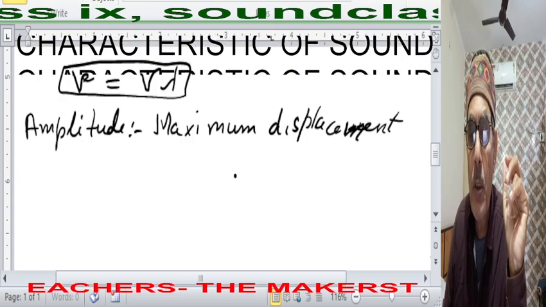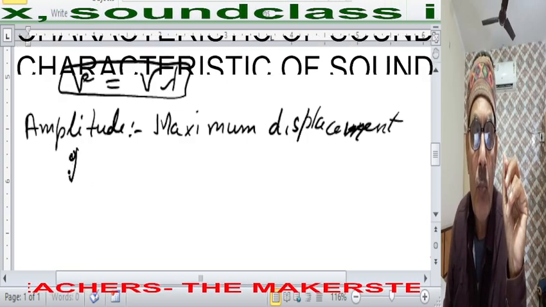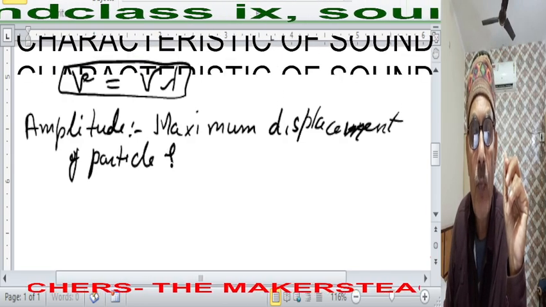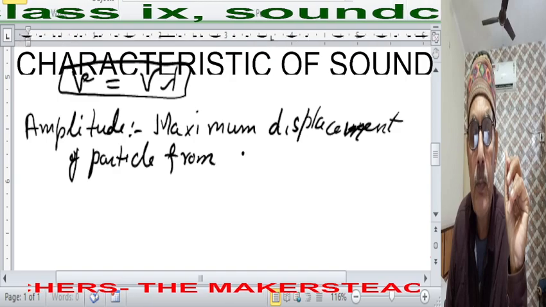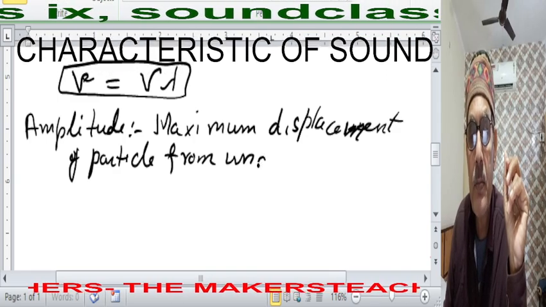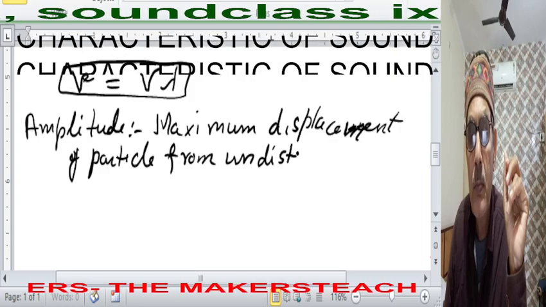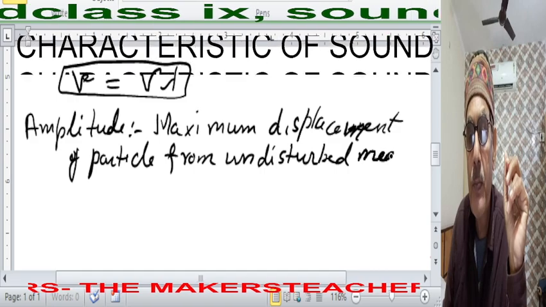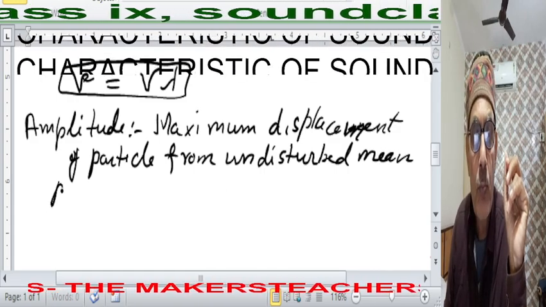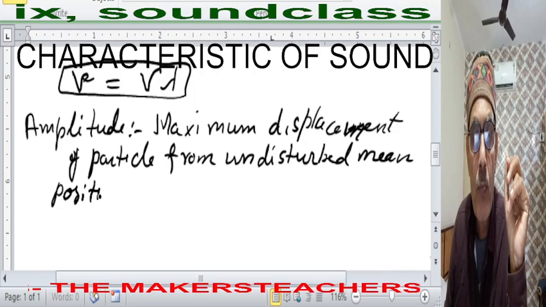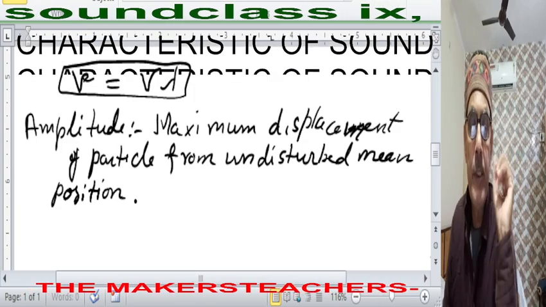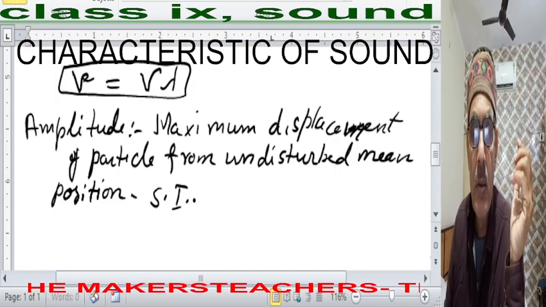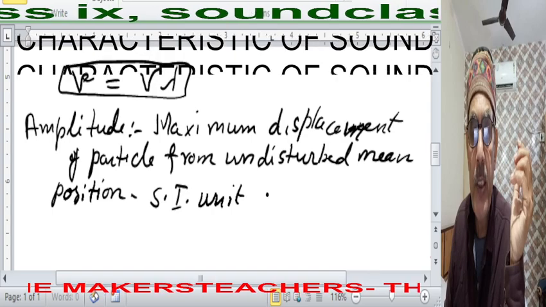I am saying maximum displacement of particle of medium from undisturbed mean position is called the amplitude. SI unit, because it is distance, will be meter.